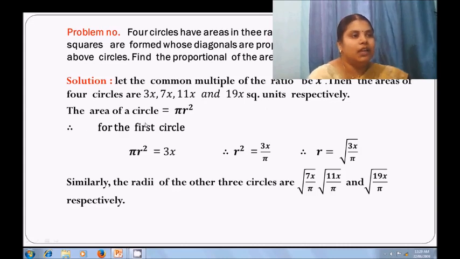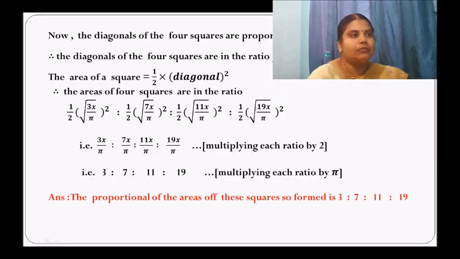We know that the area of a circle is pi r square. Therefore, for the first circle, pi r square is equal to 3x. Therefore, r square is equal to 3x/pi. Therefore, the radius will be root of 3x/pi. Similarly, the radii of the other 3 circles are root of 7x/pi, root of 11x/pi and root of 19x/pi respectively.